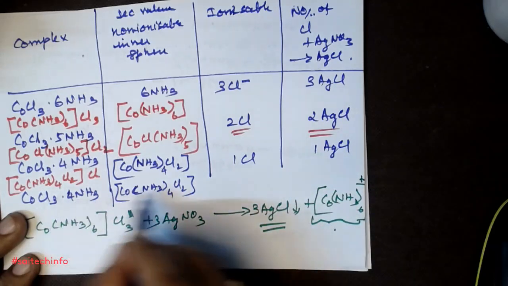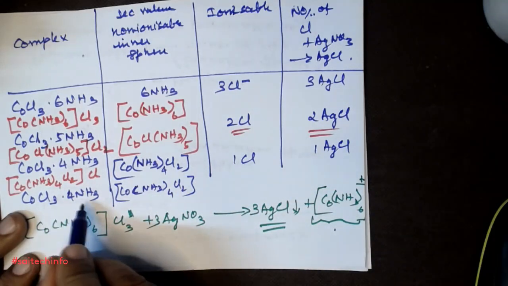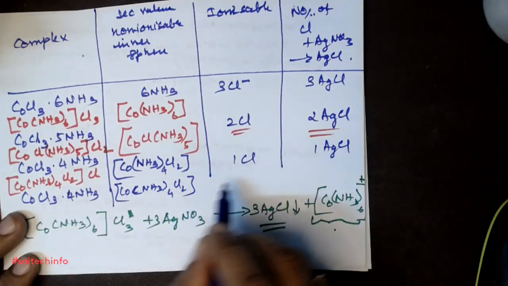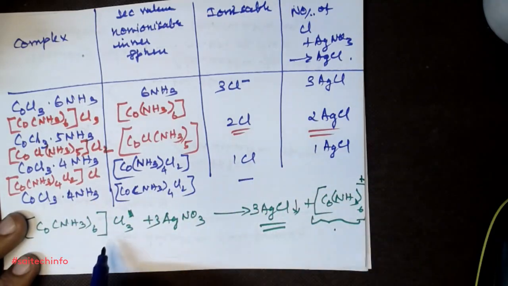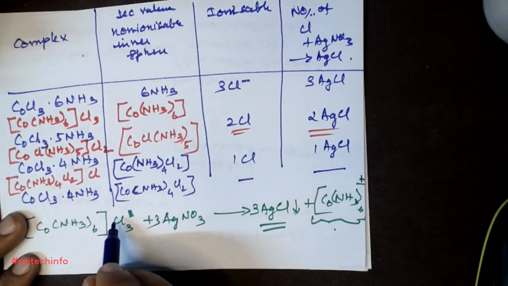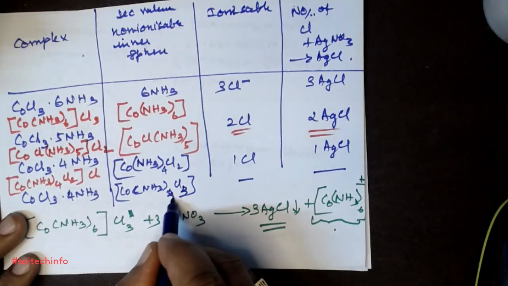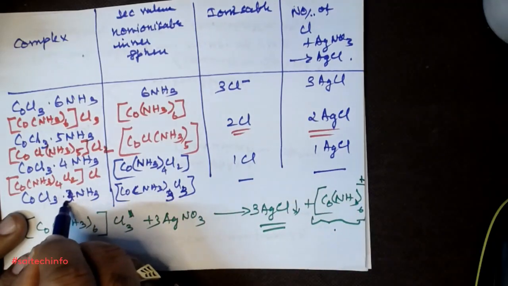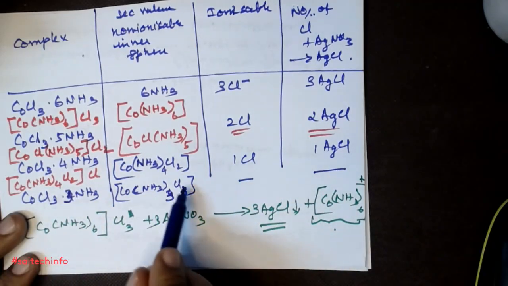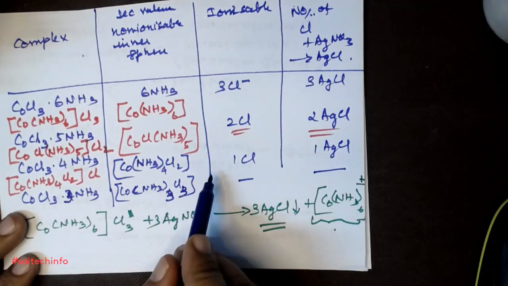Otherwise we can put the chlorine itself, with no chlorine available, so no precipitate. In that case all the NH3 can be 3 times and you can put 3 times. It means all the chlorines are available inside the coordination sphere and nothing is left out.